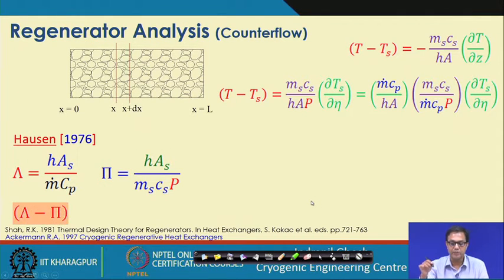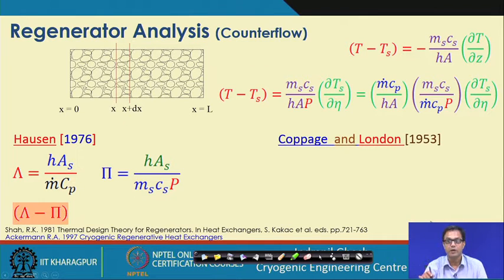The other method was proposed by London and Coppage, and it is pretty similar to the heat exchanger analysis that we are familiar with. This is called the epsilon NTU approach of solving the counter current regenerator, which is fixed bed type.